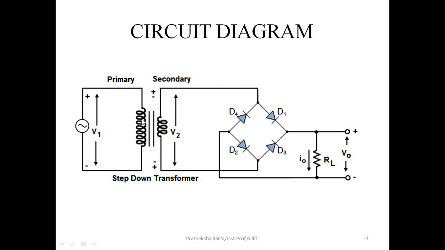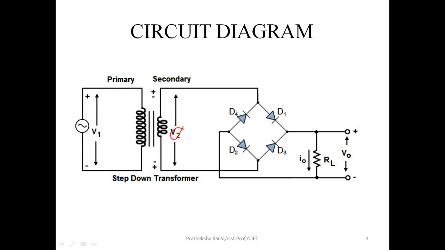Please clearly note that the number of turns in the primary is greater than the number of turns in the secondary when we are making use of a step down transformer. The voltage which is available for rectification is V2.